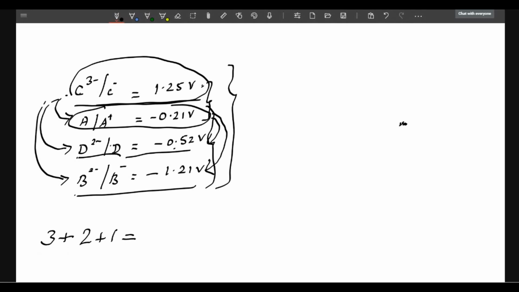Therefore, how many total cells can be constructed? Six. This number can be calculated using the formula. How many electrodes are there? Four, and we choose 2.